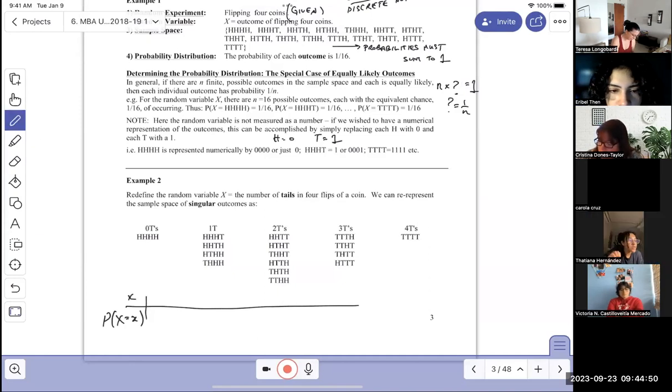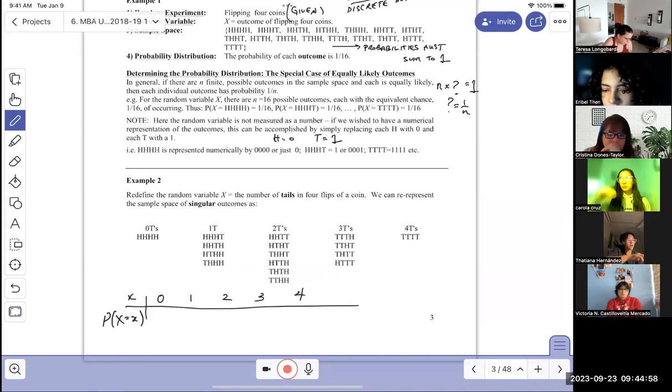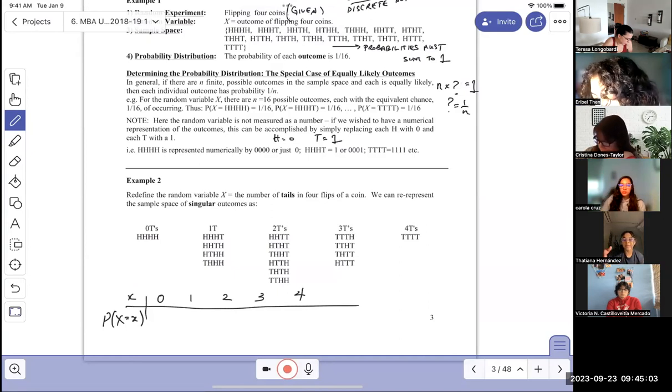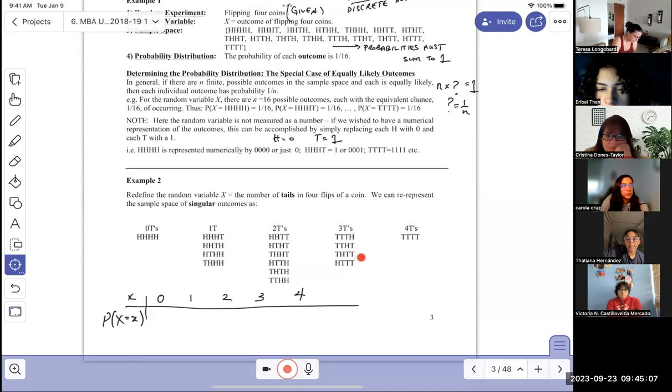I have a question. If we transform the H's and T's to zeros and ones, how do we make these categories? Are you talking about here or here?